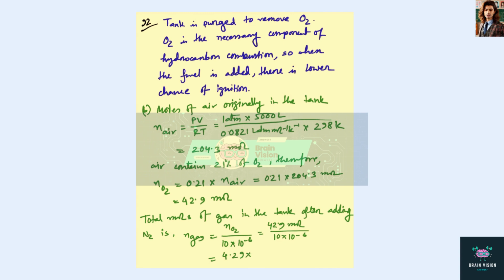From here we get 4.29 multiplied by 10 to the power 6 mole as the total moles of gas in the tank after nitrogen is added.